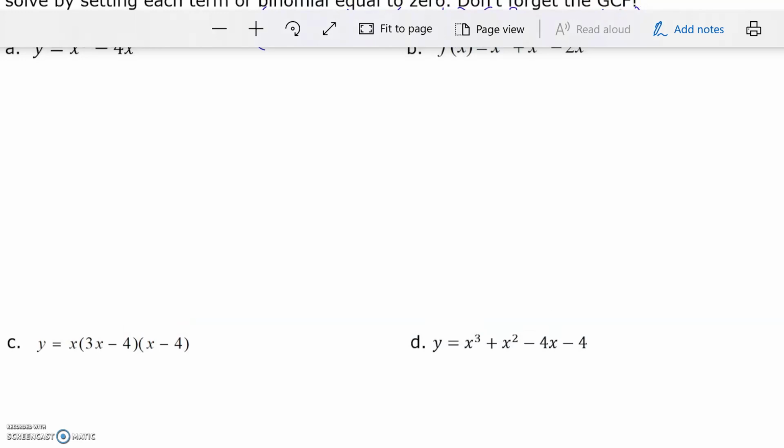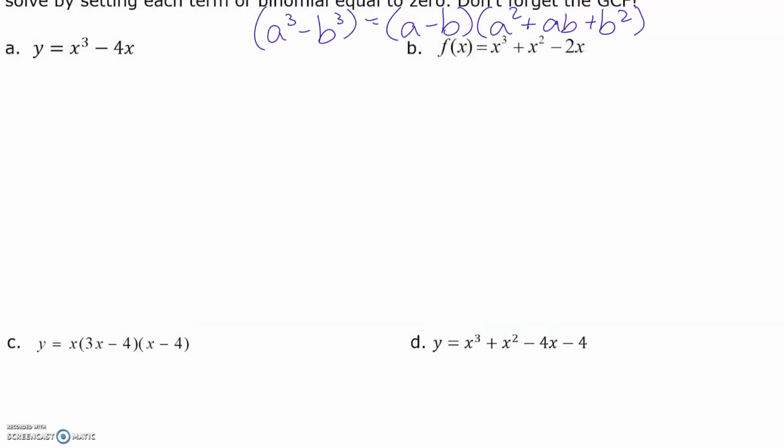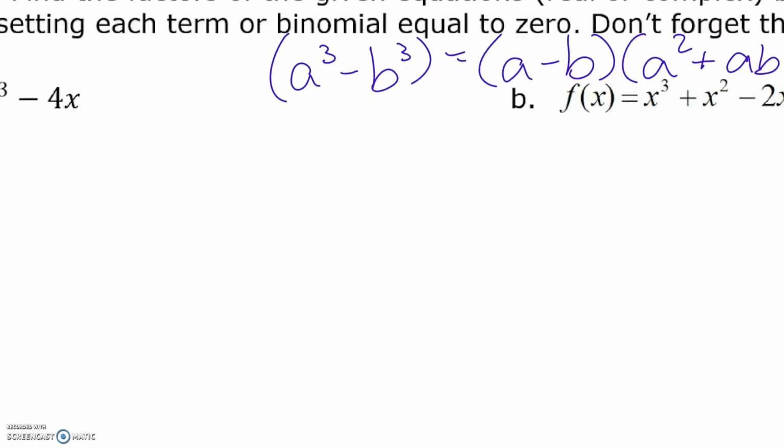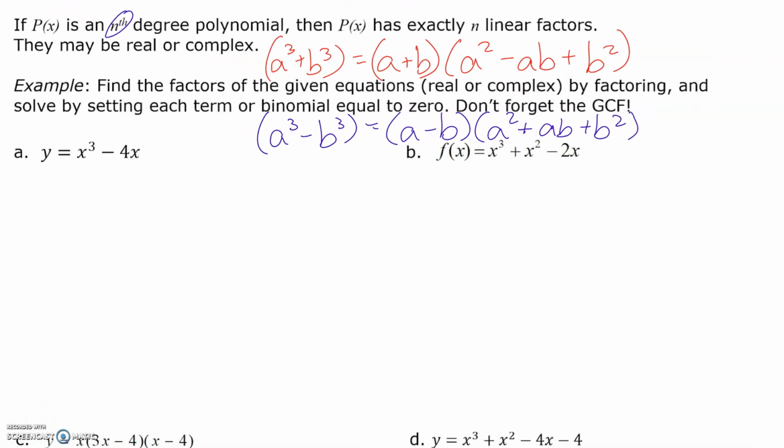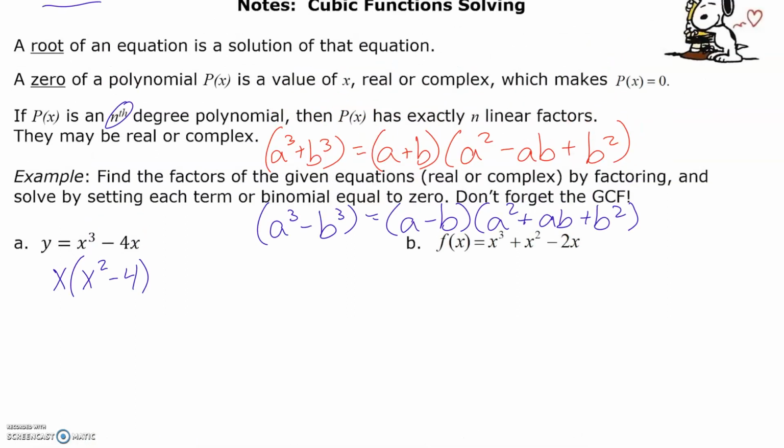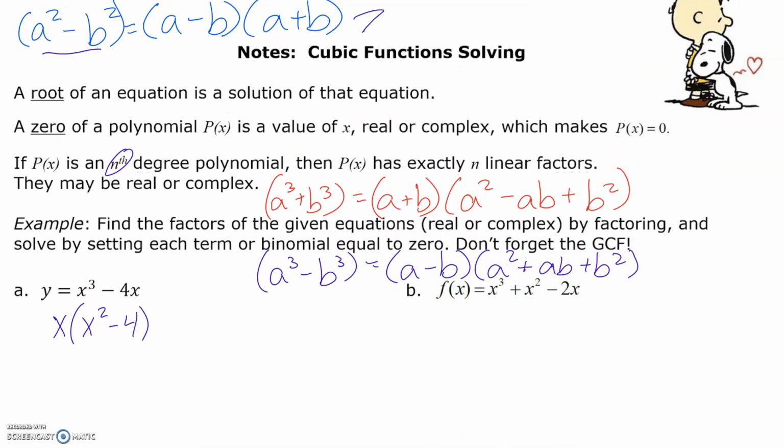Now with A, we're going to start by factoring. Looking at A, I notice there is a greatest common factor that we can factor out. That greatest common factor is x, because both terms have x. So I'm going to factor that out to the front. What's left over is x squared minus 4. Now x squared minus 4 is actually a difference of squares, like up here.